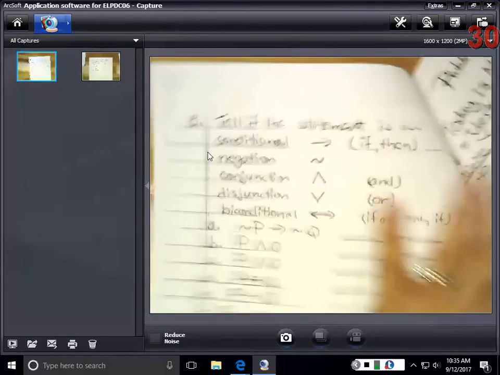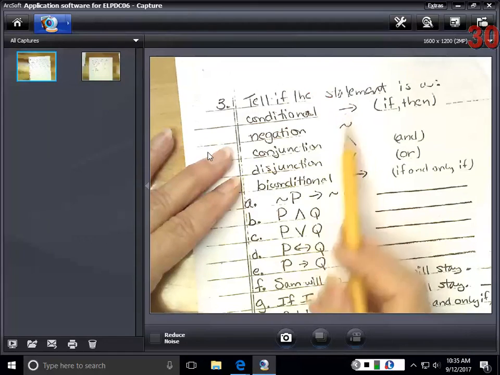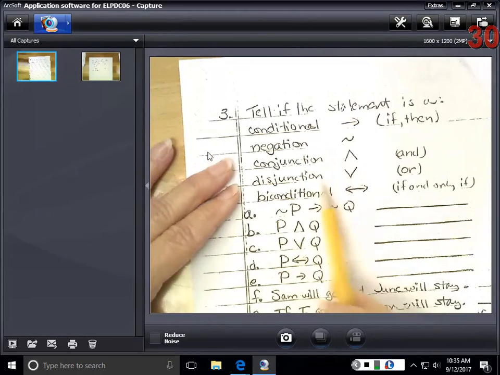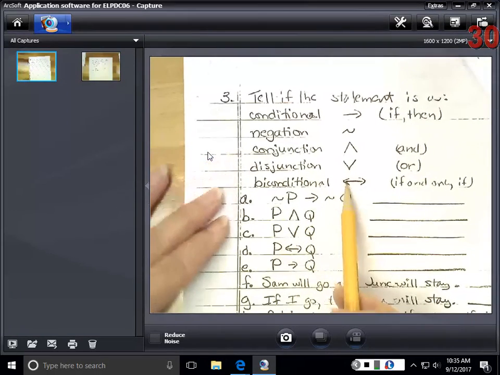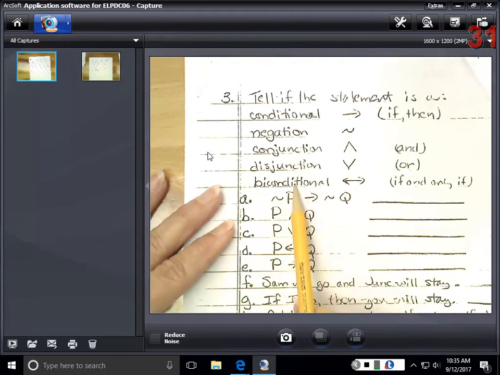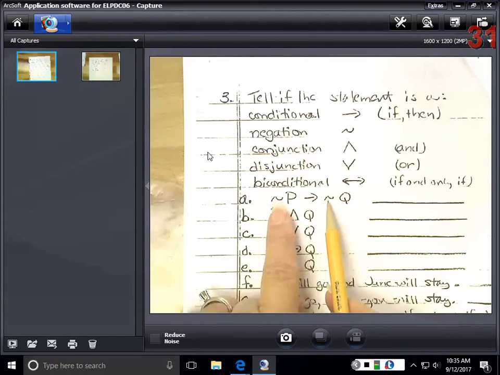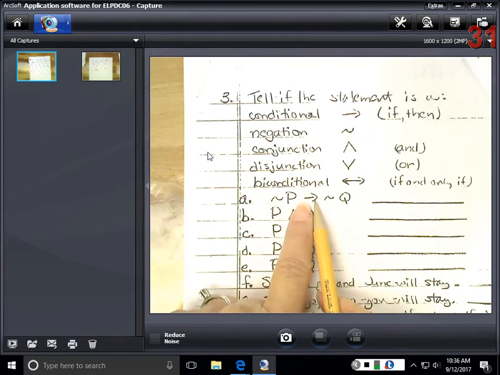Then you will have to do this one. I've written down conditional, negation, conjunction, disjunction, biconditional. And then you have to tell which one of these things it is. And it can be more than one, because on this one you got nots, and you also have an if-then.